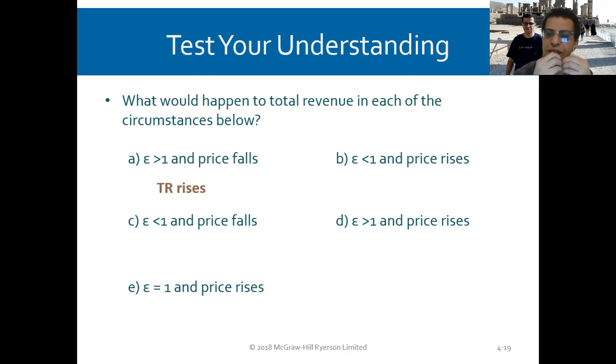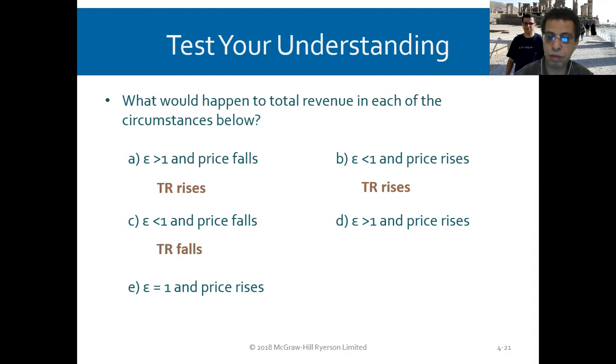But if the elasticity is less than one, it means that people are less sensitive to price changes, and the total revenue will rise with a price increase, because people will buy the quantity accordingly whether the price goes up or down. Now, if the elasticity is less than one, I'm sorry, and the price falls, what will happen?